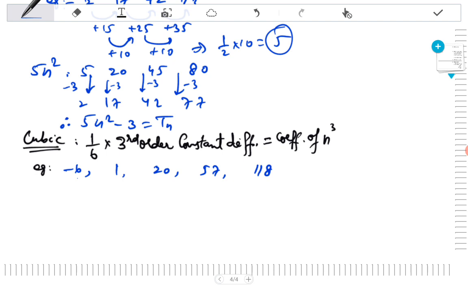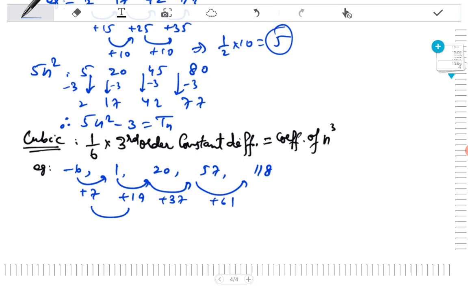In this case, if you try the differences, from minus 6 to 1 it's plus 7, plus 19, plus 37, and then 118 minus 57 is 61.